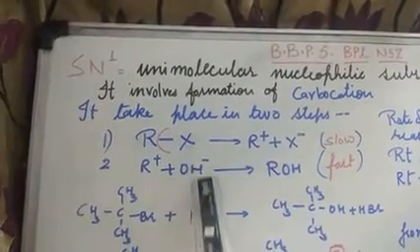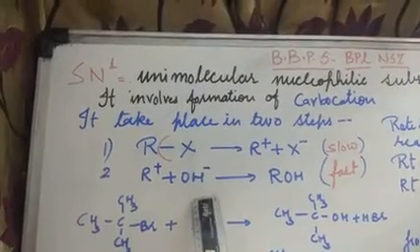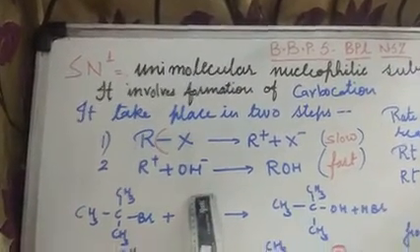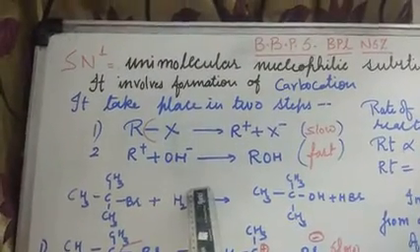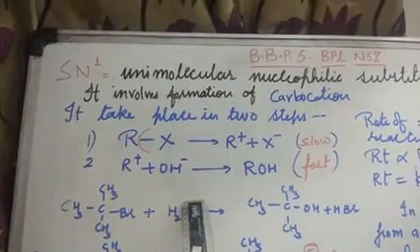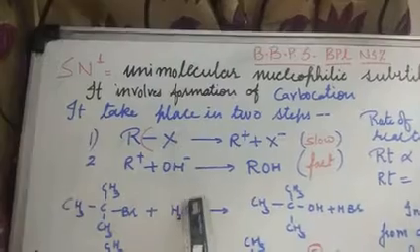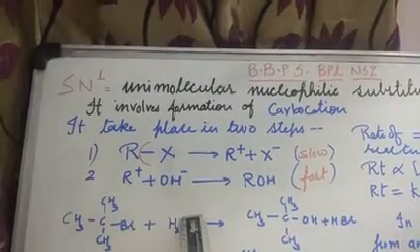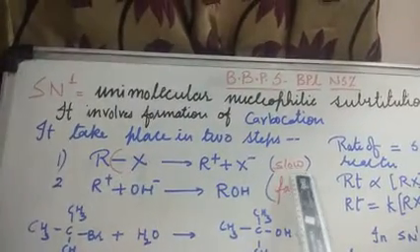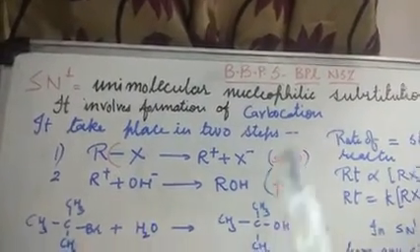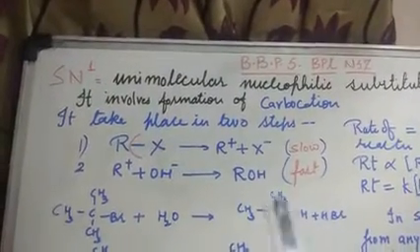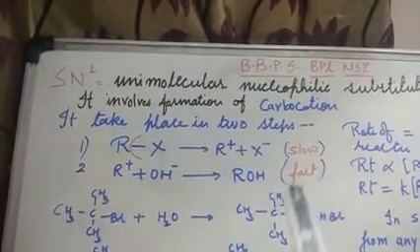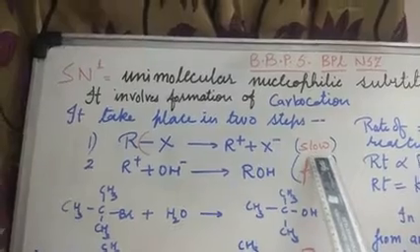But here the reaction takes place in two steps, and that's why we call it a complex reaction. In a complex reaction, remember that the rate of the reaction depends on the slowest step. If more than one step is there, whichever is the slowest step, the rate will be decided by that step only.